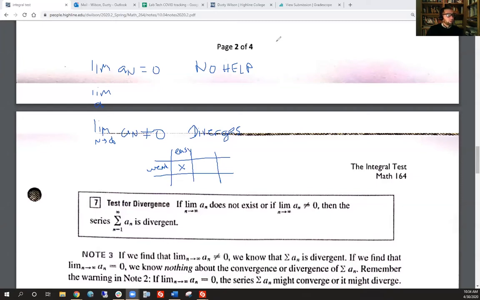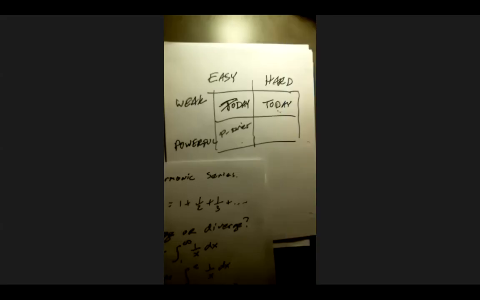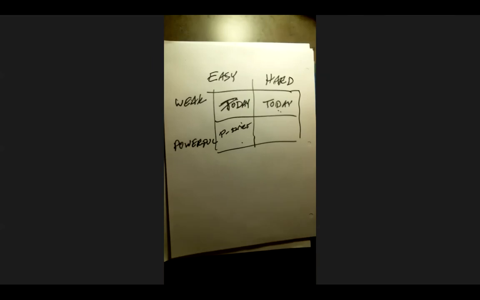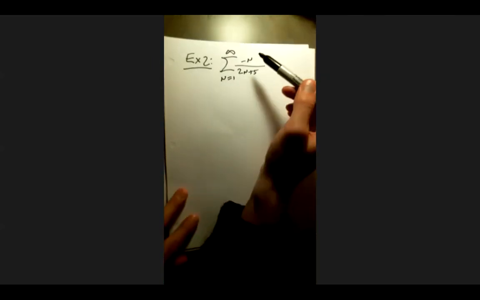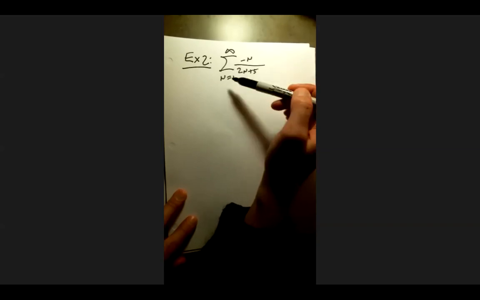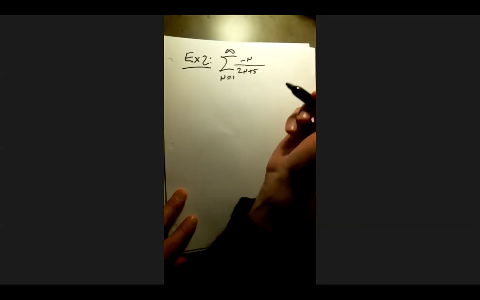Okay, so let's see how this all plays out with an example. In example 2, we have the sum from n equals 1 to infinity of negative n over 2n plus 5.